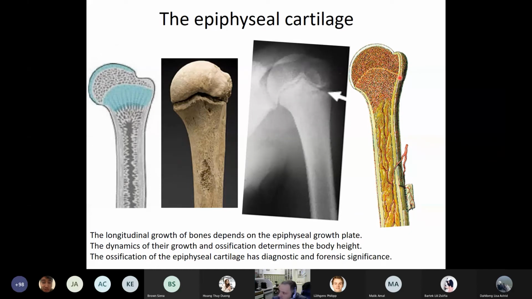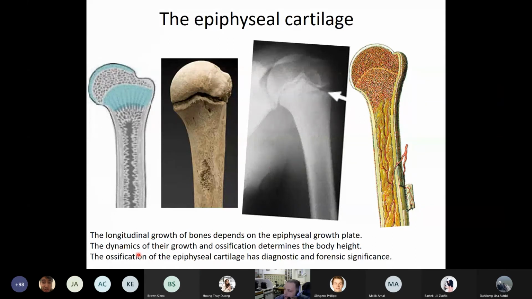Around 24 years of age, this ossification takes place, and after this, no more longitudinal growth of the bone is possible. Other epiphyseal plates ossify earlier, but this is the last one which closes. And then the longitudinal growth of the body is stopped.